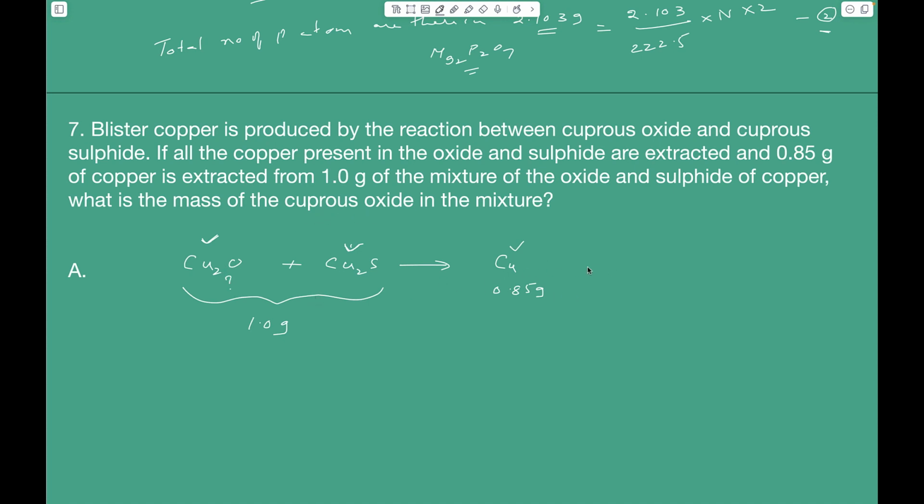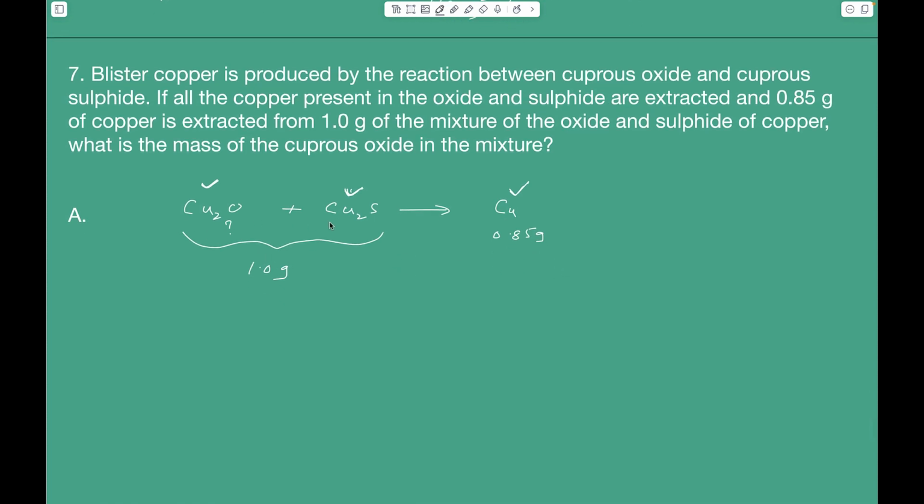Again, we don't have to worry about the balanced chemical equation, because it is given that all the copper present in these two compounds is ending up as blister copper. Now by applying the law of conservation of mass to copper, let us say in 1.0 grams of this mixture, x grams is cuprous oxide, then cuprous sulfide would be 1 minus x grams, right?